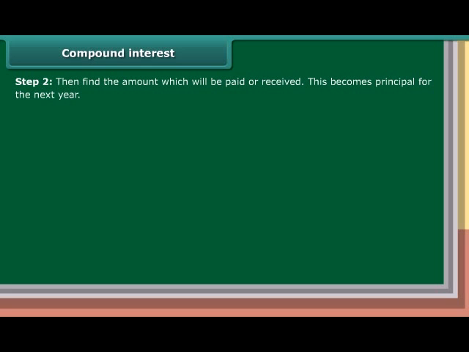Then find the amount which will be paid or received. This becomes principal for the next year. Amount at the end of first year is equal to P1 plus SI1 is equal to rupees 24,000 plus rupees 1200 is equal to rupees 25,200 is equal to P2.